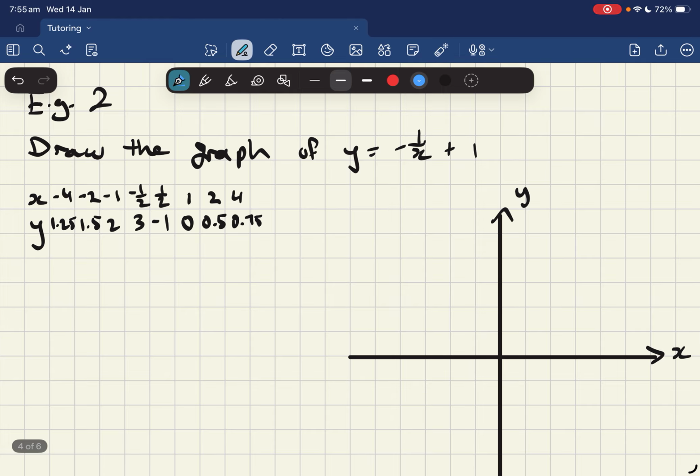Now, when x is negative 4, y is 1.25. It's about here. When x is negative 2, y is 1.5. When x is negative 1, y is 2. When x is negative a half, y is 3.